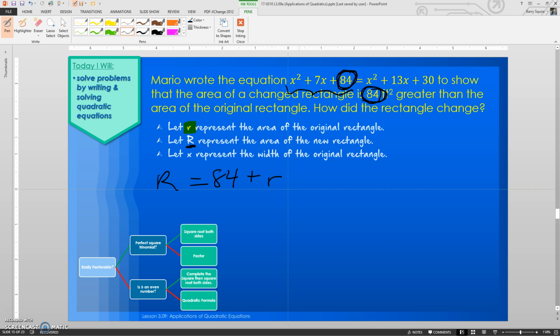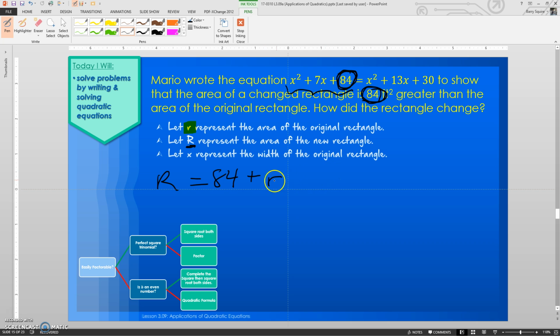And I'm sorry if I say triangle, I always mean rectangle in this recording. So that side, the left-hand side, represents the area of the original rectangle plus the change.